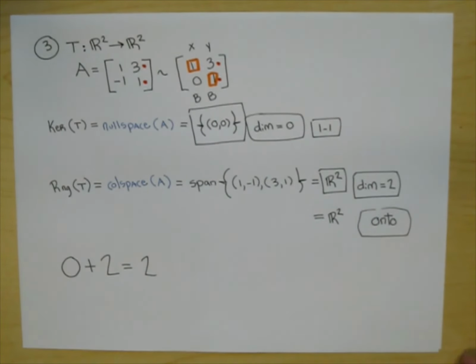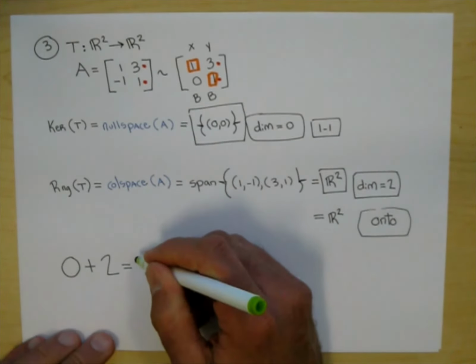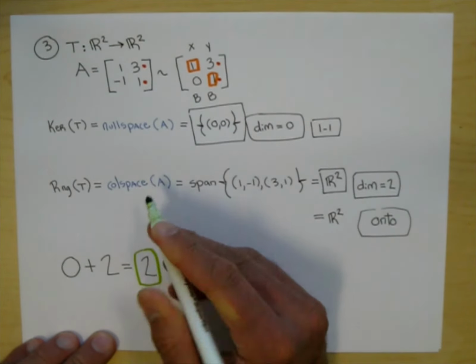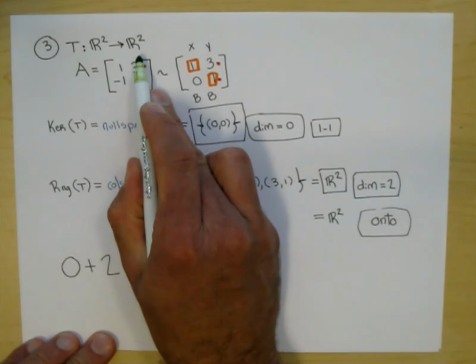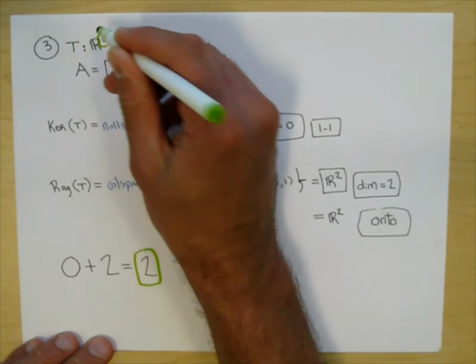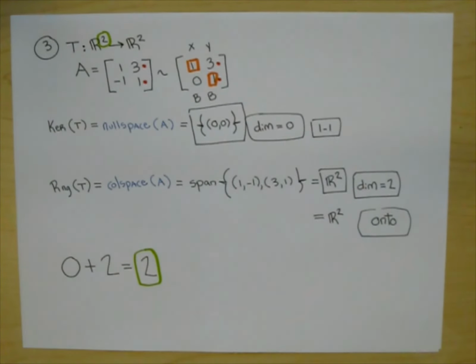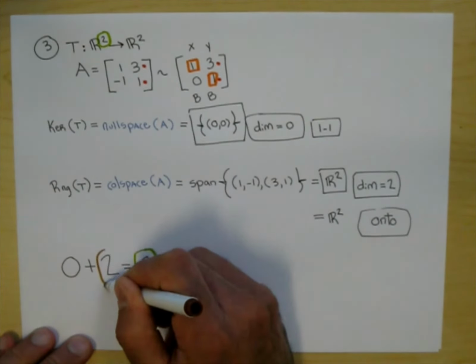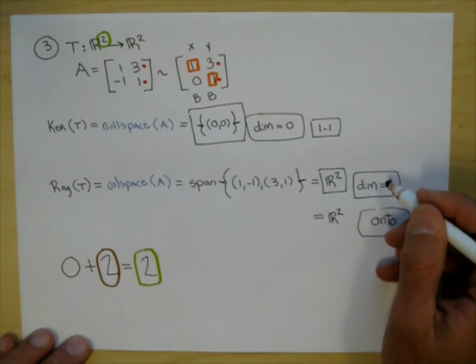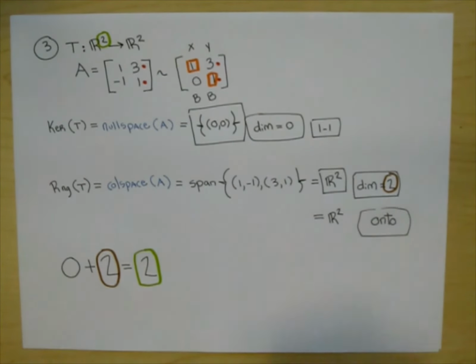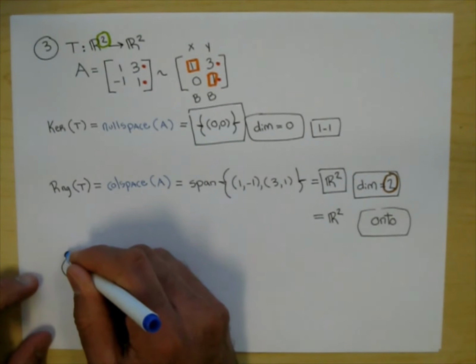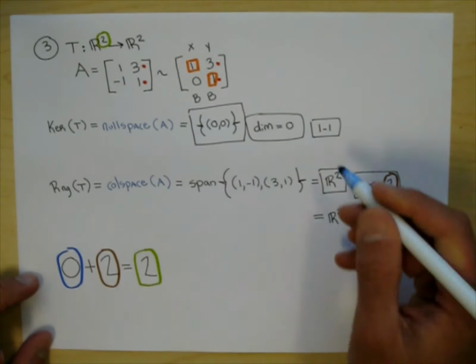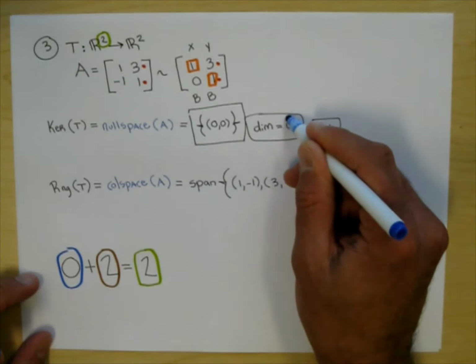Let's identify where these came from, because that's an important thing to do as well. This 2 came from not that, it came from this right here. And then this right here is the dimension of the range, and then the 0 is the dimension of the kernel.